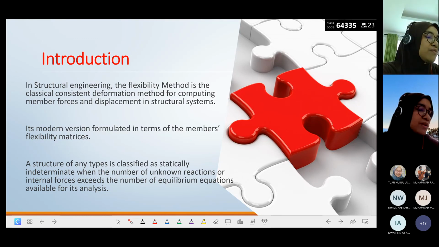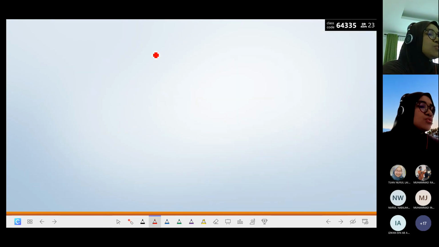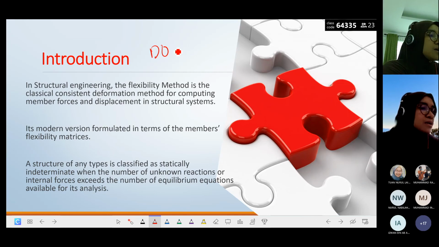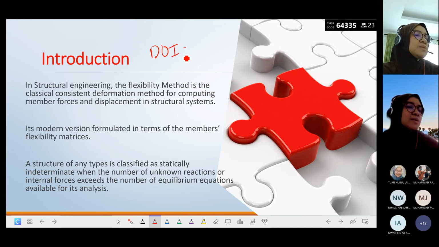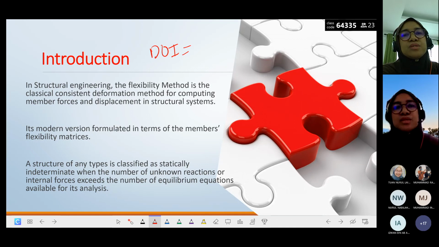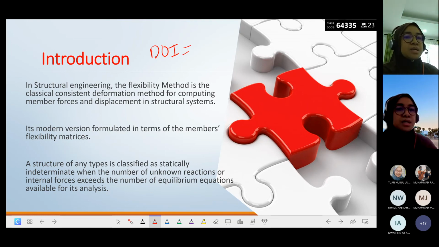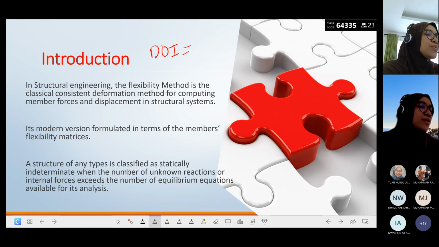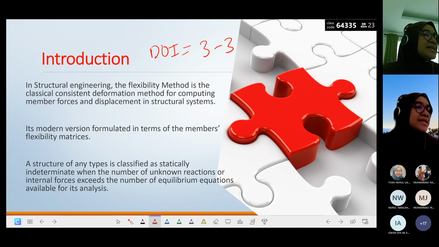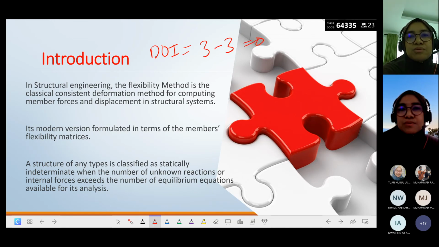Determinate structure, degree of indeterminacy is equivalent to 0. Degree of indeterminacy when it is equivalent to 0 means for beam and frame, number of unknown reaction is equivalent to number of equilibrium equation. That is why it is equal to 0.